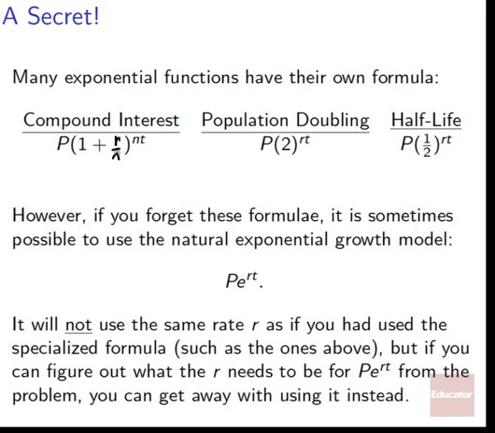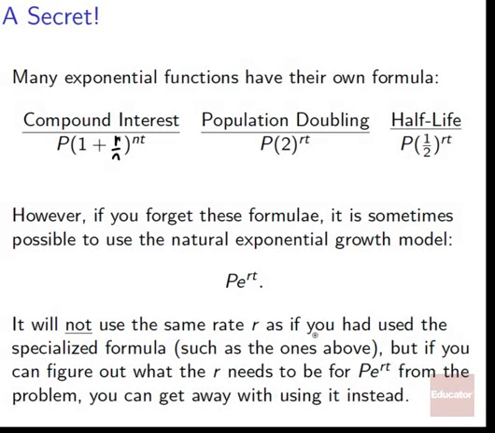If you don't remember that one, our very first lesson on exponential functions described why that is the case. Population doubling is P, some original starting amount, times 2 to the rate that they double at, times t. Half-life is some starting amount times 1/2 to the rate times time.